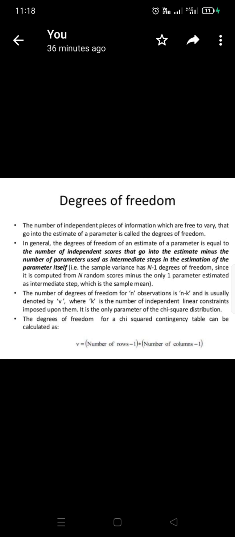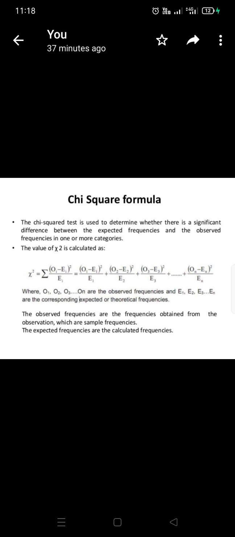The number of degrees of freedom of an observation is n minus k and it is usually denoted by v, where k is the number of independent linear constraints imposed upon them. It is the only parameter of the chi-square distribution. The degrees of freedom for a chi-squared contingency table can be calculated as follows.